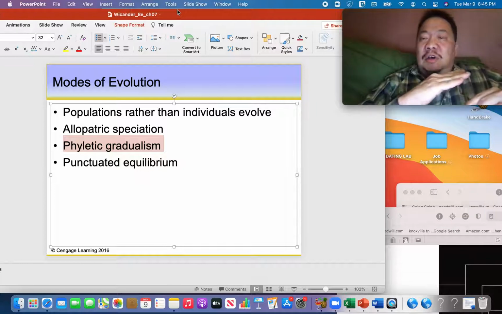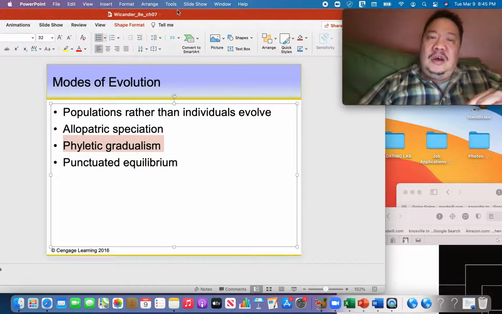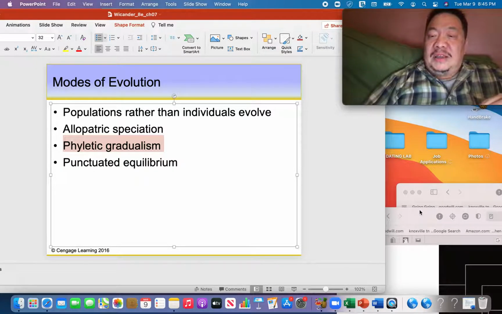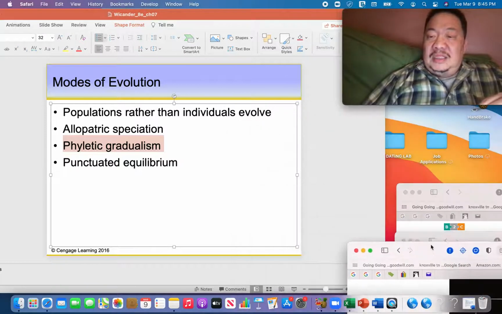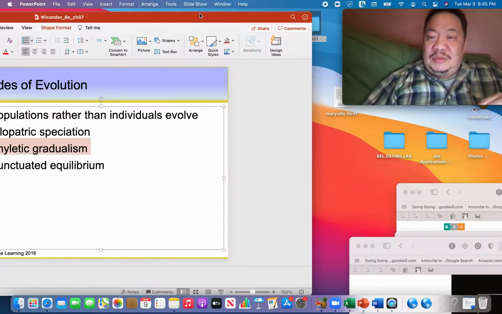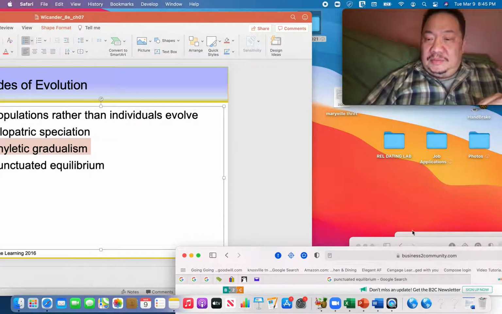It did so slowly and gradually. And these slow, gradual changes over long periods of time lead to the evolution of much different species. Let's see how that would work. So phyletic gradualism is what we're talking about now.